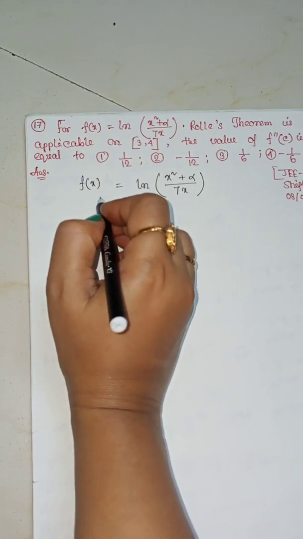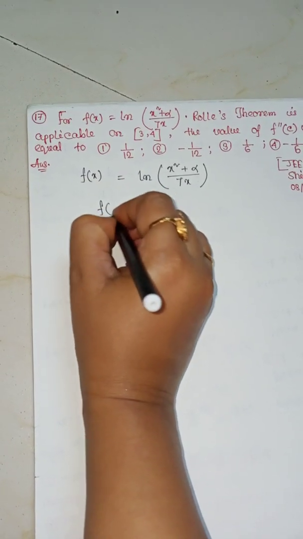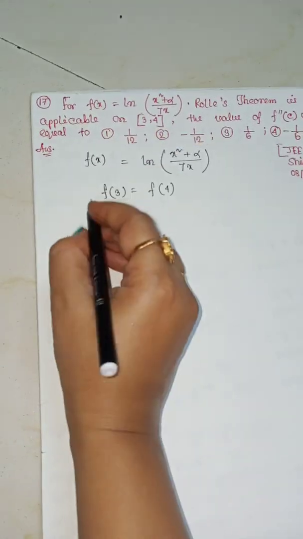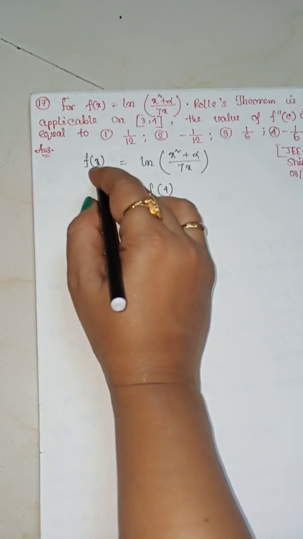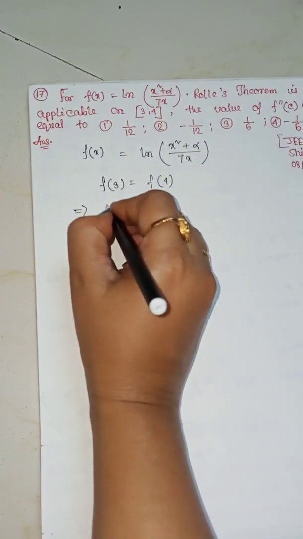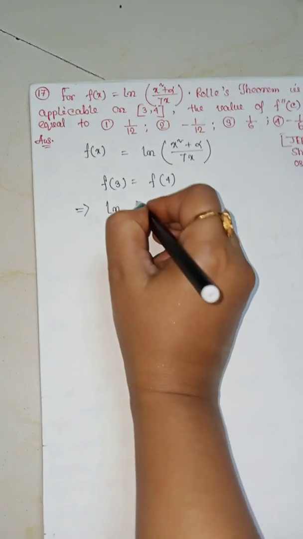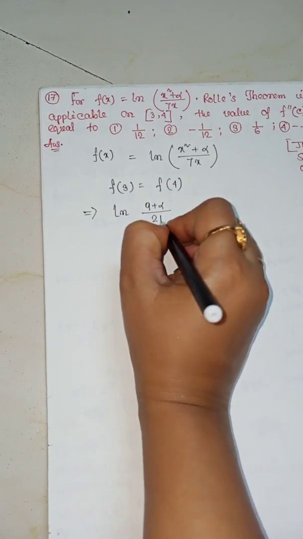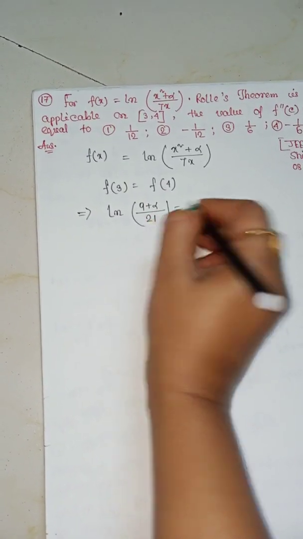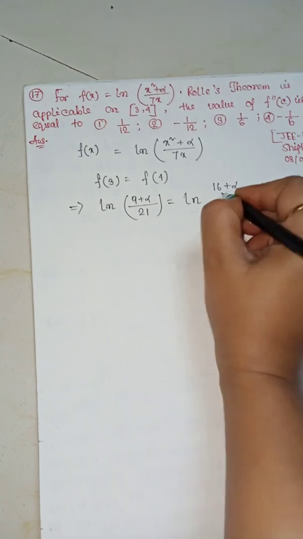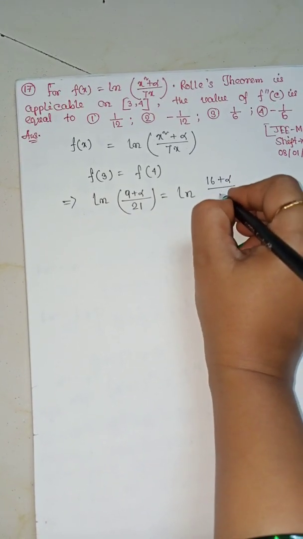According to Rolle's theorem, one condition is f(3) = f(4). Applying 3 in terms of x, it becomes log((9 + α)/21) is equal to log((16 + α)/28).